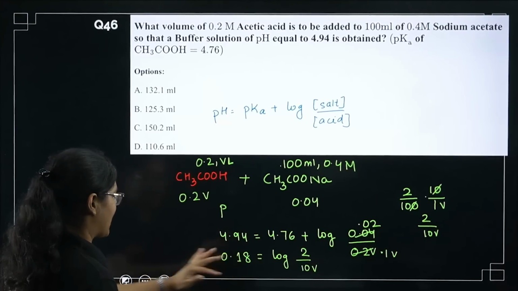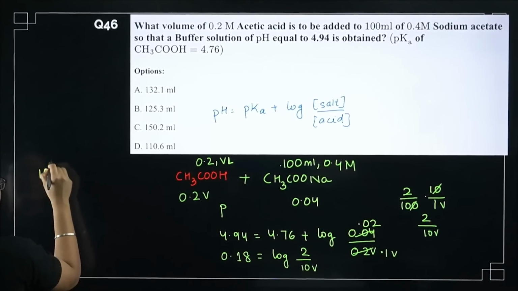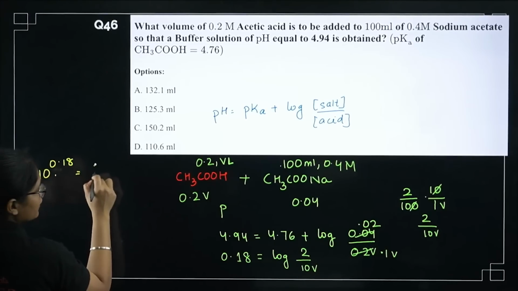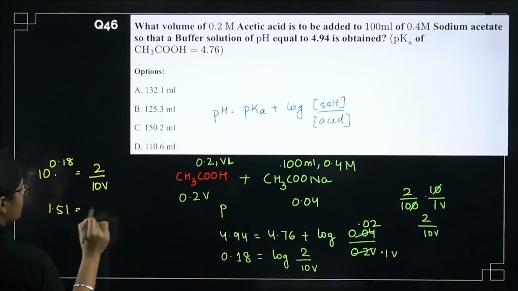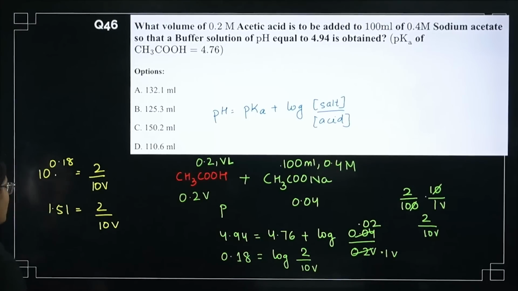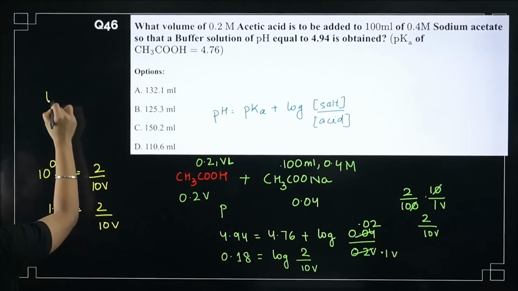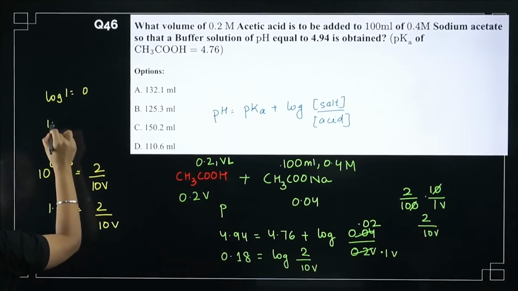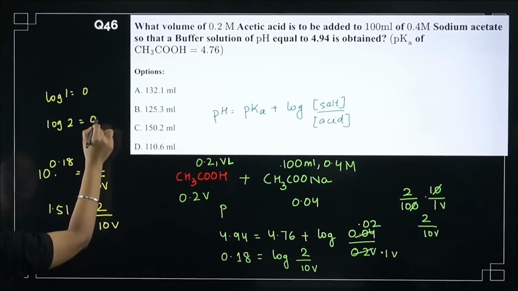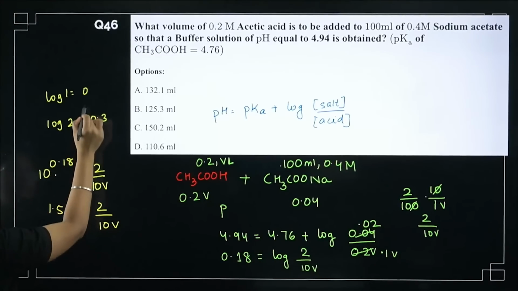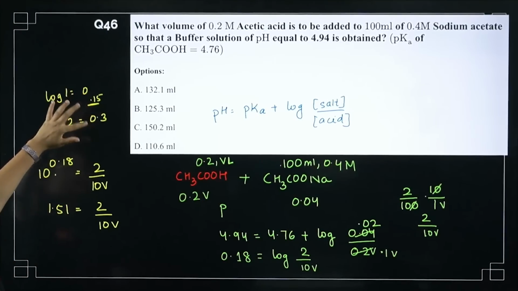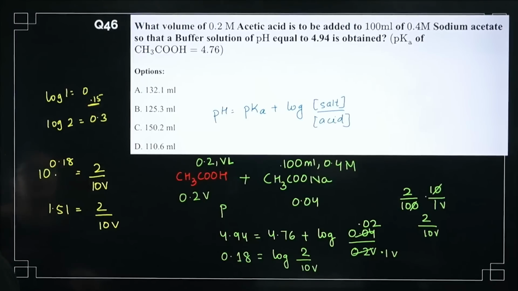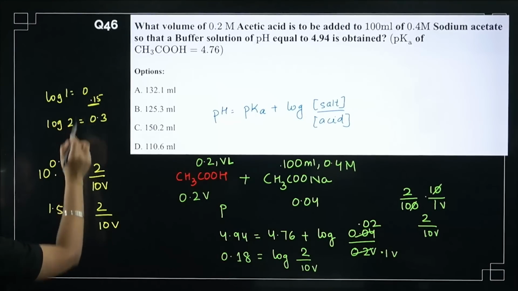Now if I take the anti-log on both sides, I will get 10 to the power of 0.18 is equal to 2 by 10 V. If I solve this, 1.51 is equal to 2 by 10 V. How I'm guessing it is around 1.51: log 1 is equal to 0, and log 2 is about 0.3, and this is 0.18, so somewhere in between. 1.5 lies between 1 and 2. So it can be near log 1.51.